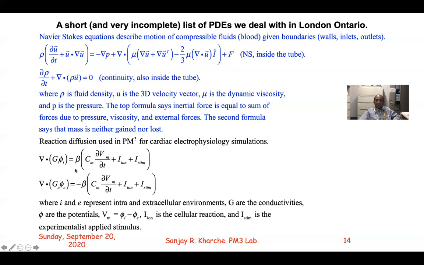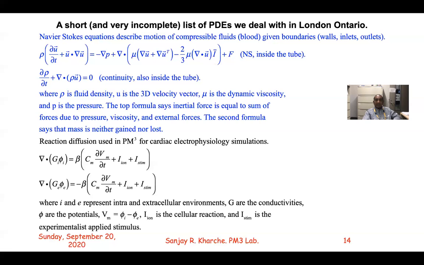And the intra and extracellular potentials are essentially regulated, firstly, by the cell membrane ion channel activity, as well as the stimulus current received by that piece of cardiac tissue, in addition to how the difference between the external potential and the internal potential is varying with respect to time at that given location.